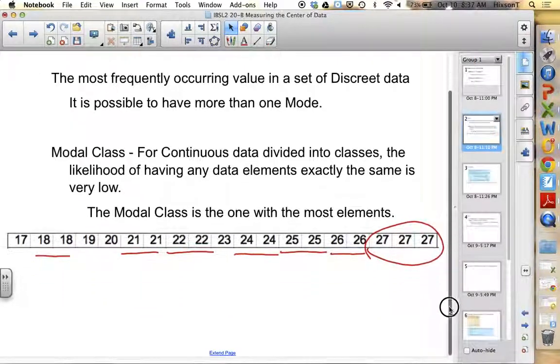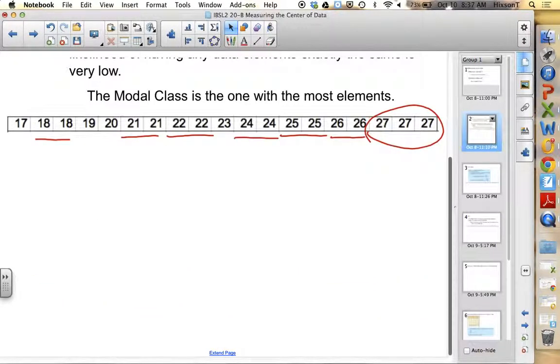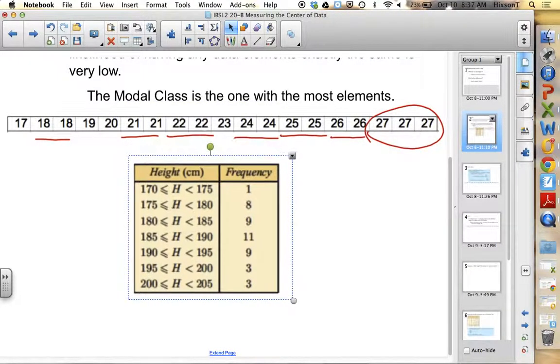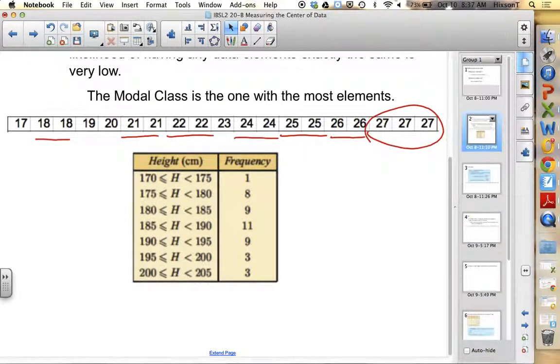So in this example, the modal class would be the range that the most individuals or the most scores fall into. So this 185 to 190 range, okay? That would be the modal class.